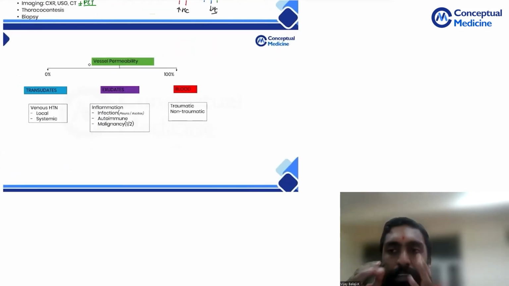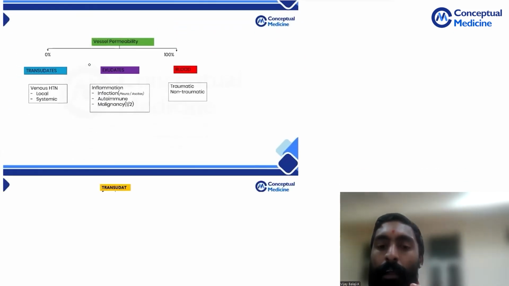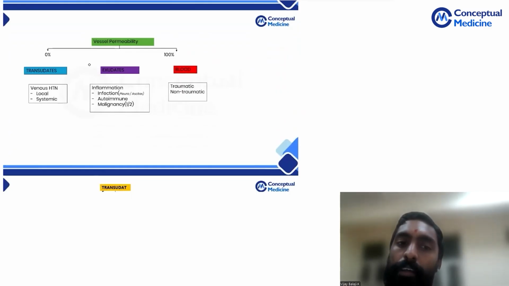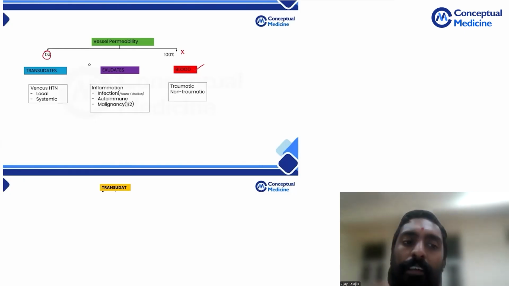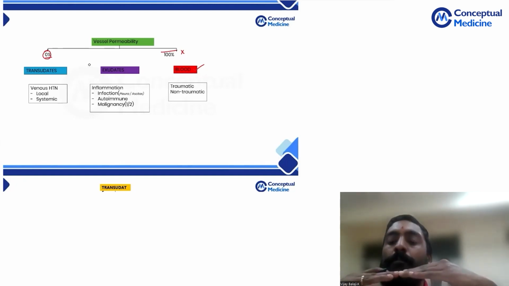So how do we understand what effusions are? This depends on how the pleura is. If the pleura is 100% non-permeable, then it has to be only blood. Whereas if the pleura is 100% permeable, that means the junctions are completely normal.